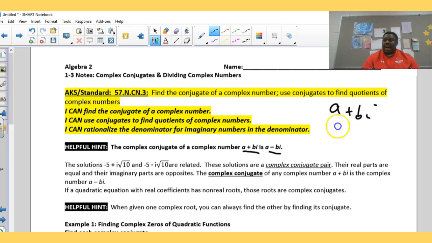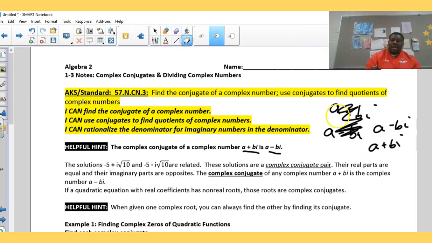You would change the sign in front of the bi to a minus bi. This is the conjugate of this one. Let's say hypothetically on the paper it was a minus bi and it said find the conjugate. Well, look at bi. You would change the sign in front of the bi, the imaginary part. So you have a plus bi. That's the complex conjugate.